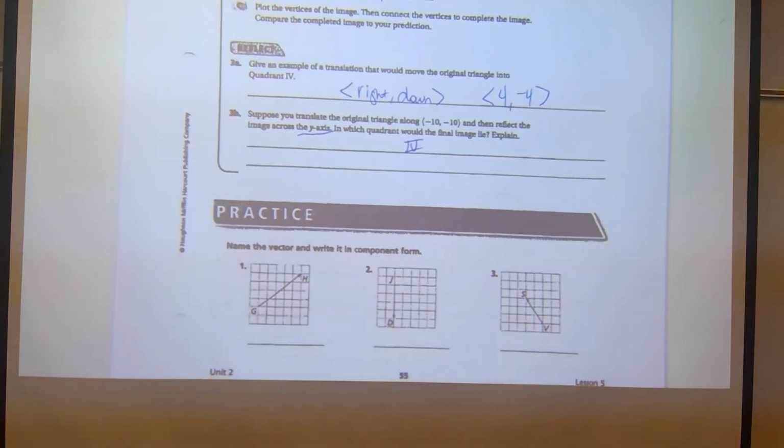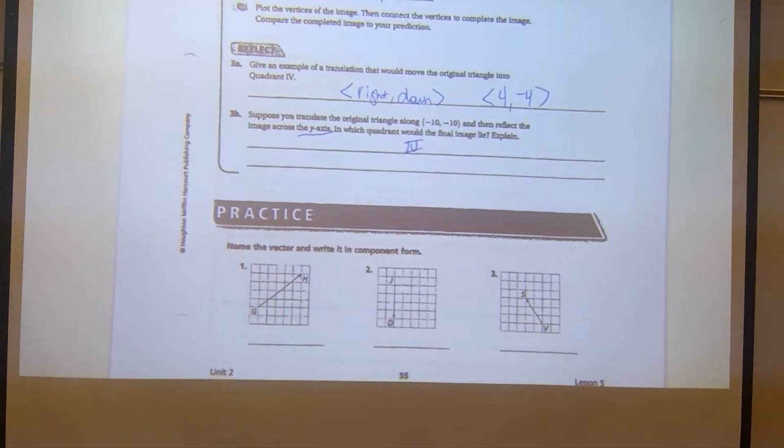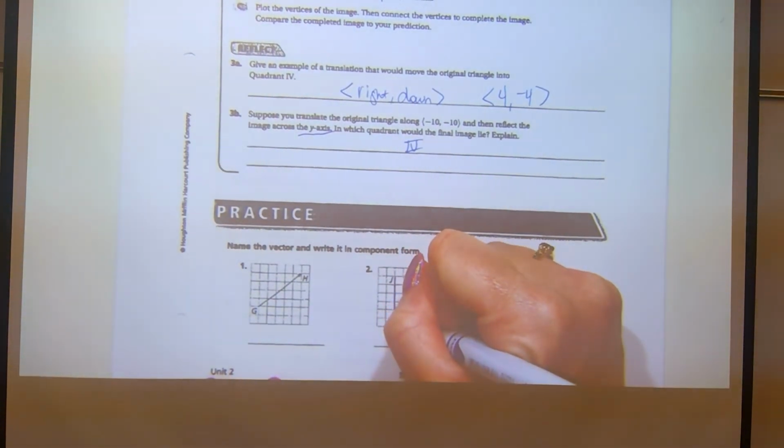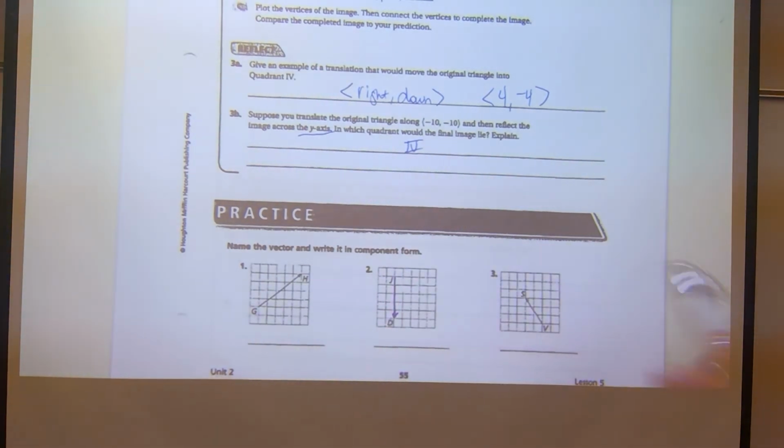All right, now we're back to some practice questions. We've got these 3 practice questions. Name the vector, write it in component form. I am going to show you the key here in just a minute. Take a second, pause the video, complete these. There is vector JD, if you had trouble seeing that.